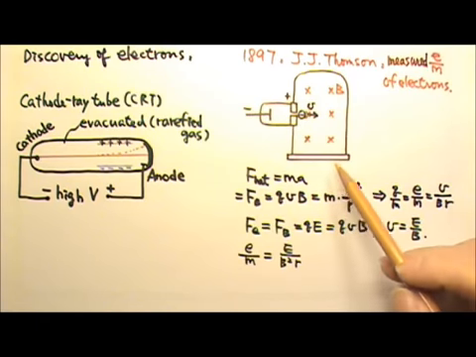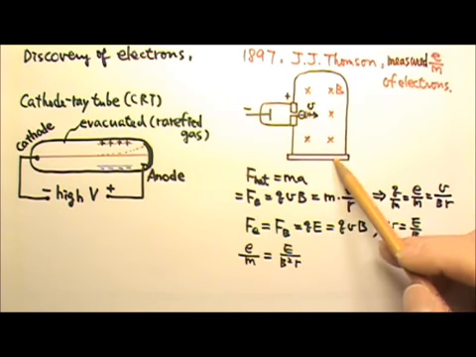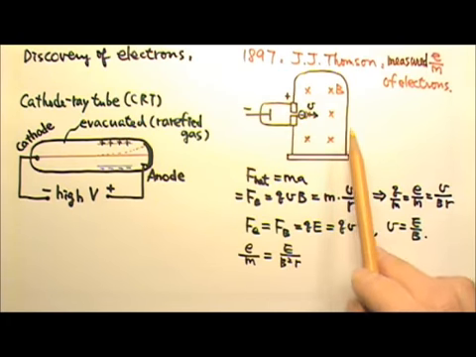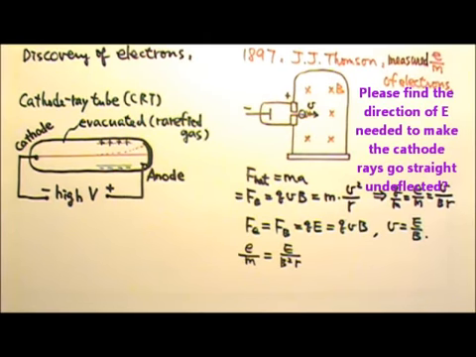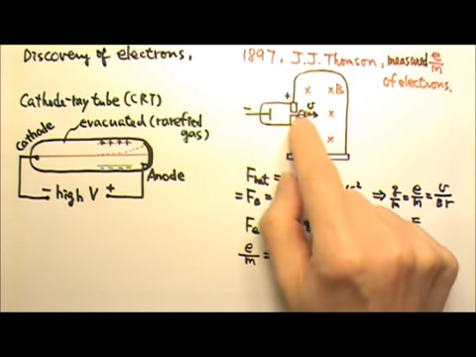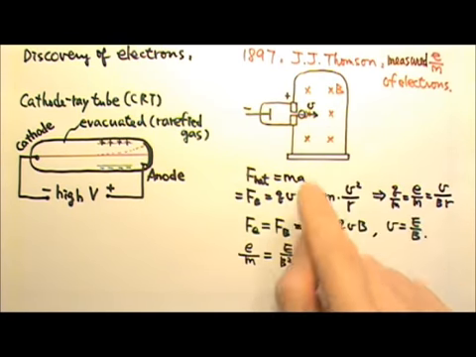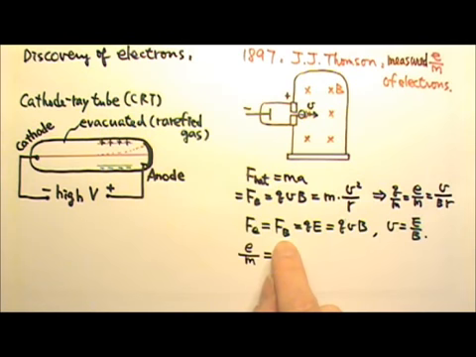Can you figure out what direction the electric field has to be applied here in order for the cathode rays to go straight undeflected? In order for the cathode rays to go straight undeflected, the electric force and the magnetic force must be in opposite directions.